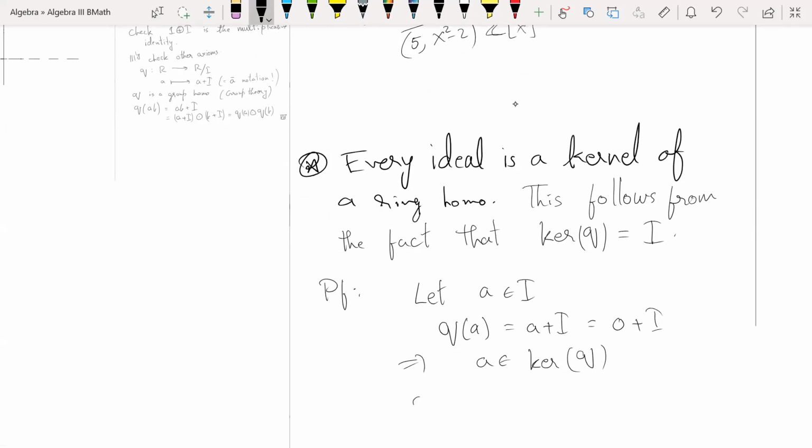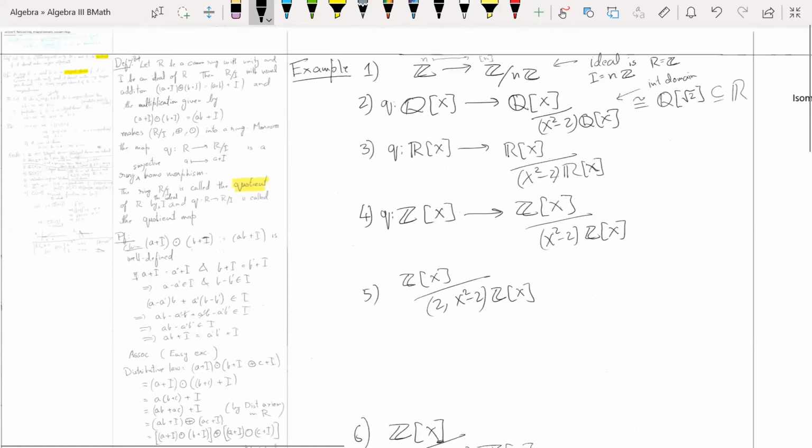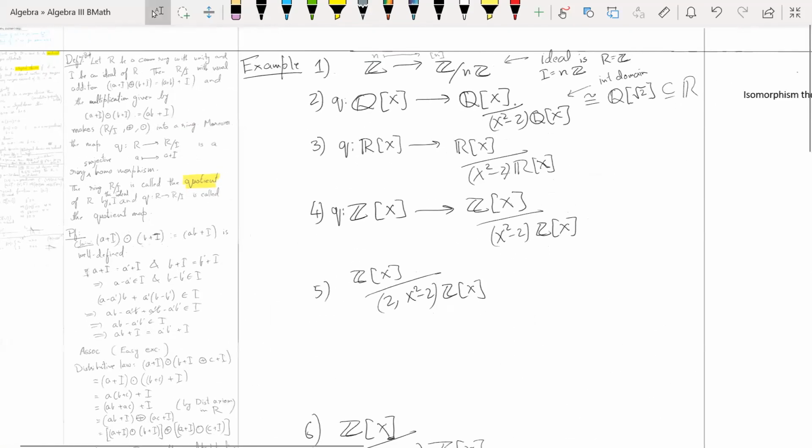A belongs to the kernel of Q implies Q(A) is 0 plus I, which implies A plus I equals 0 plus I, which implies A belongs to I. So the kernel of this map is indeed I.